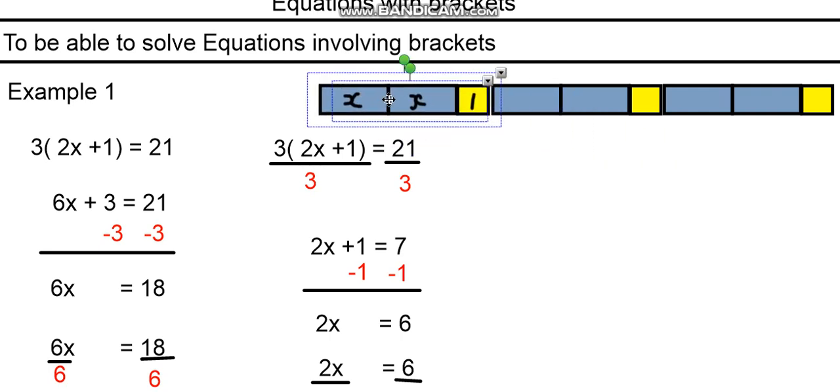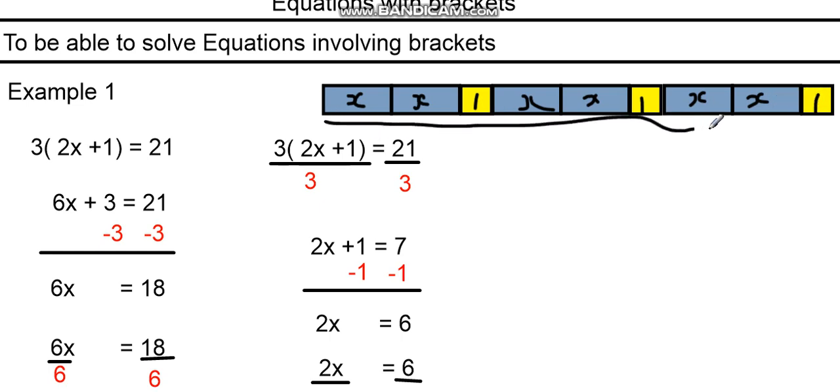So we've got 3 times 2x plus 1, which is what that says. So this is one way to think about it. Now I know that that whole thing, 2x plus 1 3 times, adds up to 21. So this whole thing here is worth 21.